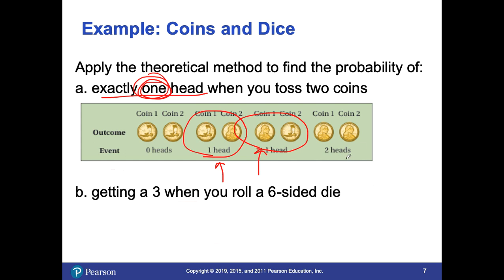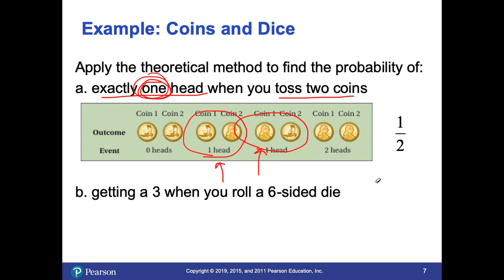Well, what that means is there's a 2 out of 4 chance of getting one head if you toss two coins. Now obviously that reduces down to 1/2. So keep that in mind as well. So I wrote 2/4, but that reduces to 1/2. Obviously there's a 1 in 2 chance that this will occur.